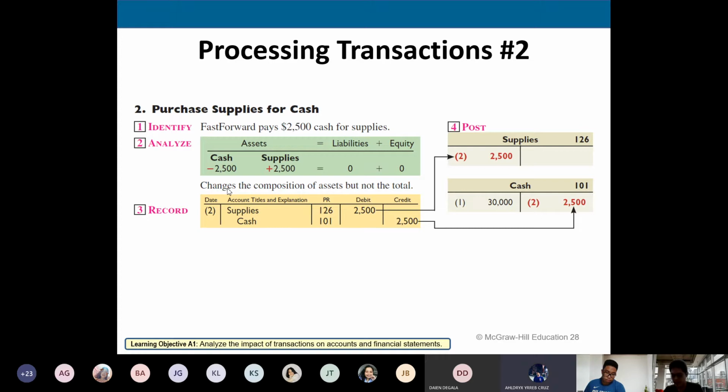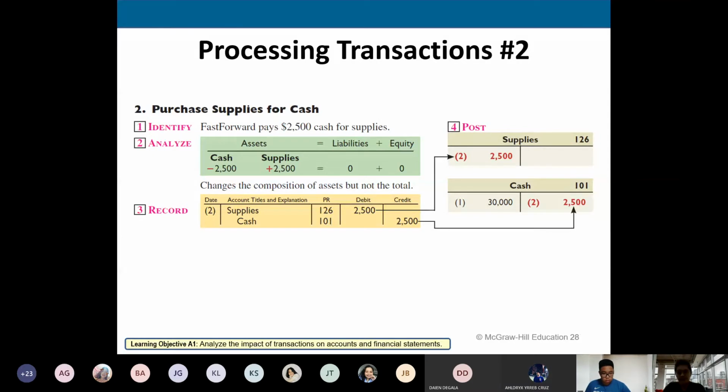Supplies, debit side. Then notes payable, credit side? No, earlier it was in the form of a note. When it's just on account, accounts payable. Okay, correct.